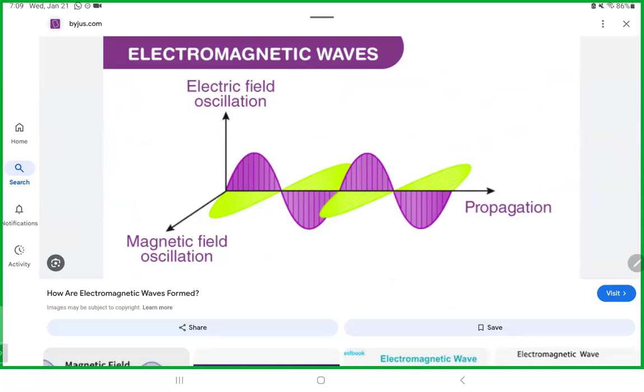For example, in the electric field, you are considering y axis up and y axis down, like positive y axis and negative y axis. Then in green color, the magnetic field, again plus z, minus z. It is continuously changing, a variable electric field and magnetic field. And then propagation is perpendicular to both of them, along the x axis. So in your notes, I will check these things.